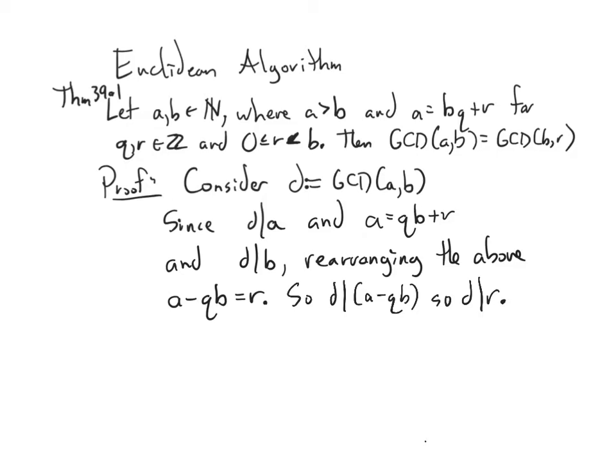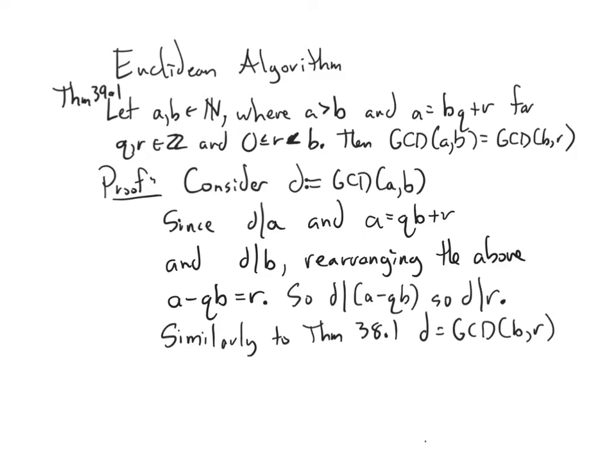And similarly to the argument that we did in the last video, I think it was Theorem 38.1, we know D has to be the greatest common divisor of b and r.